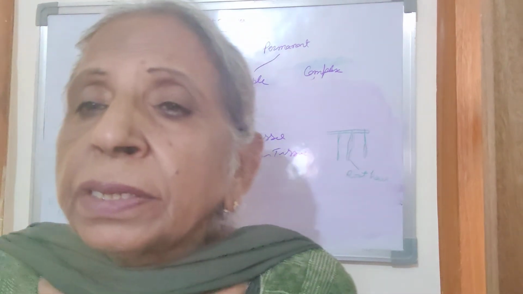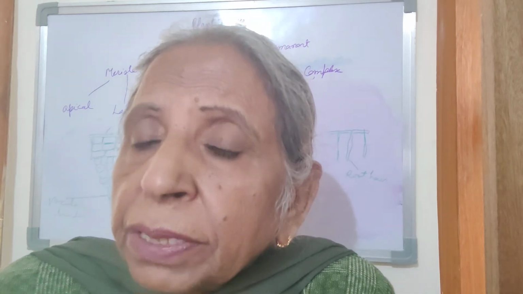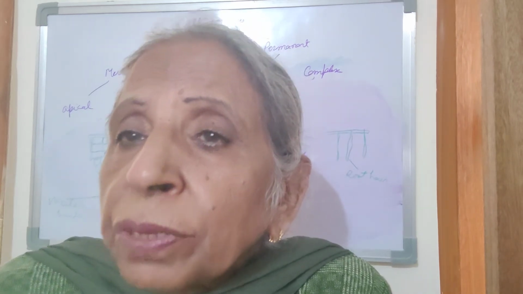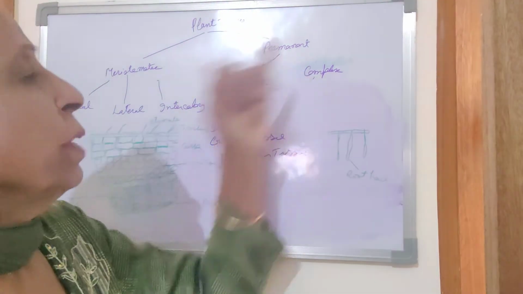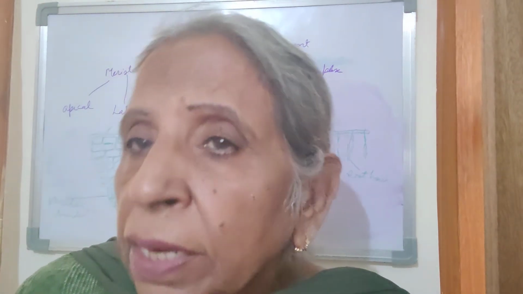So in plants, two types of tissue are present, basically depending upon their nature: meristematic tissue and permanent tissue. Meristematic tissue has the power of division and redivision. They divide and redivide and add to the growth of the plant. They help in adding length and girth of the plant.